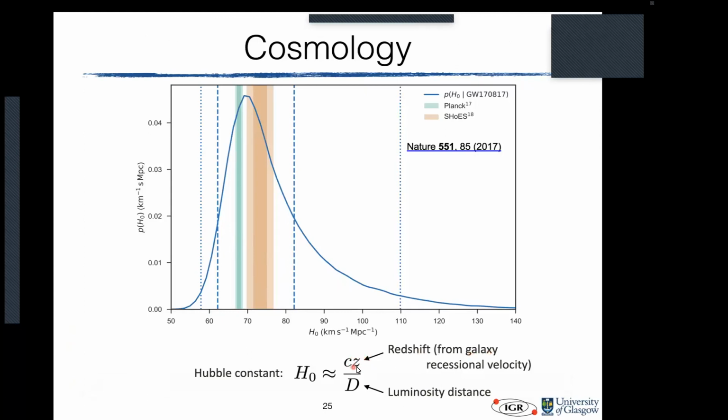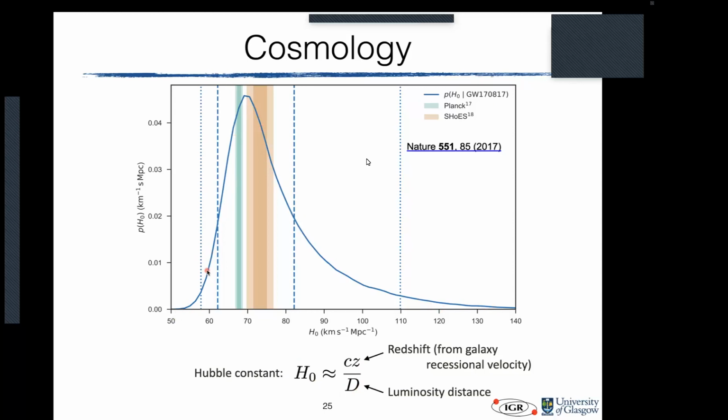And in gravitational waves, because we measure amplitudes, we mainly measure the distance to the source. And so we have a redshift and we have a distance, and then we can put that together and estimate Hubble's constant. And this is what was done. And this is basically our measurement of the Hubble constant, this broad probability distribution here, from that one event.